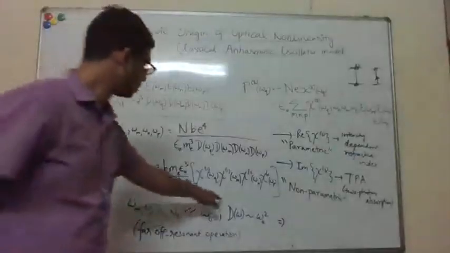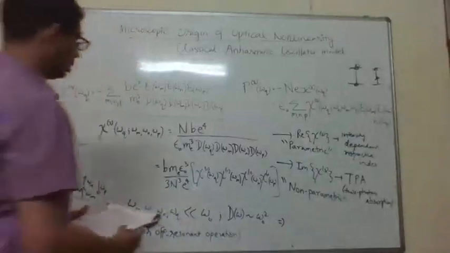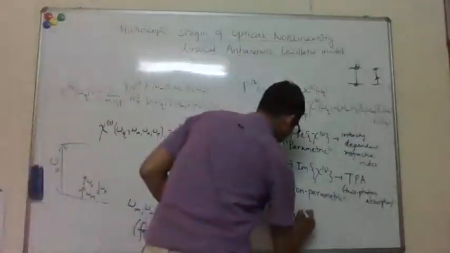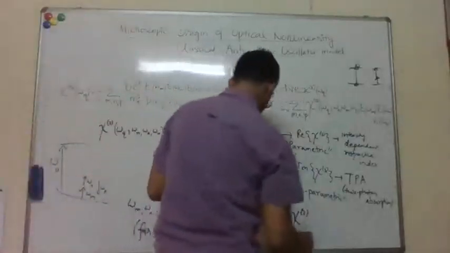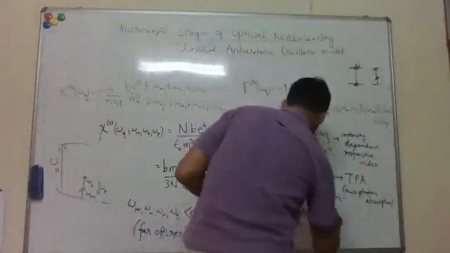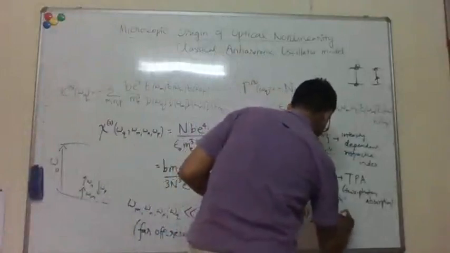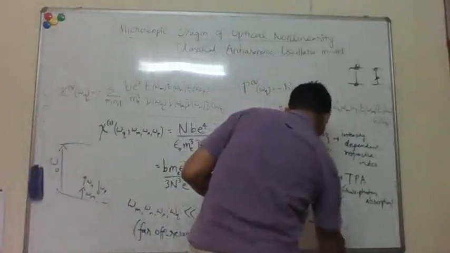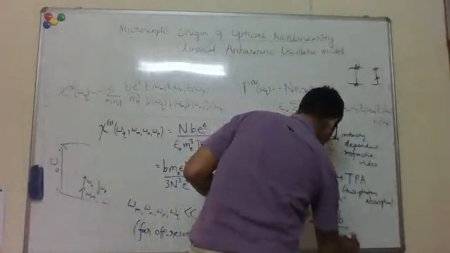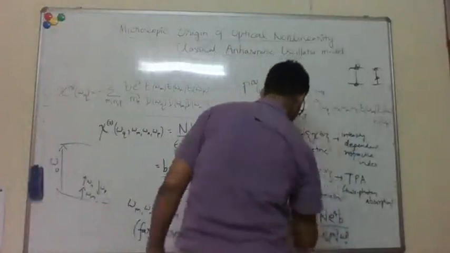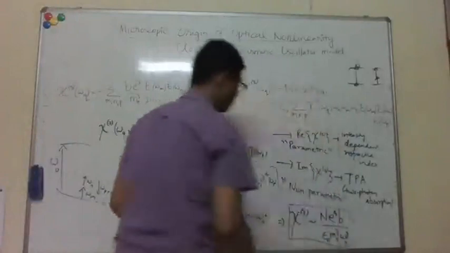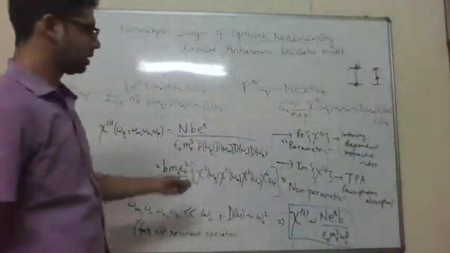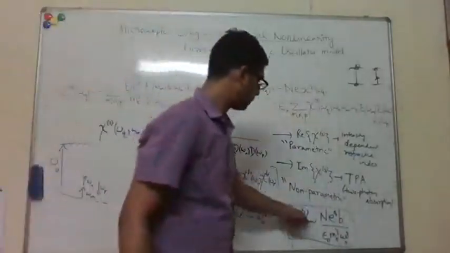Right? Under that condition, I can approximate chi3 as just a number, just a real number, right? So no imaginary part, which means no losses.